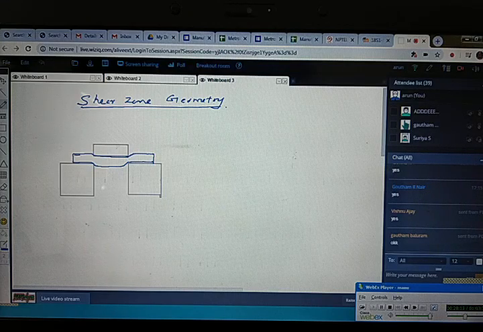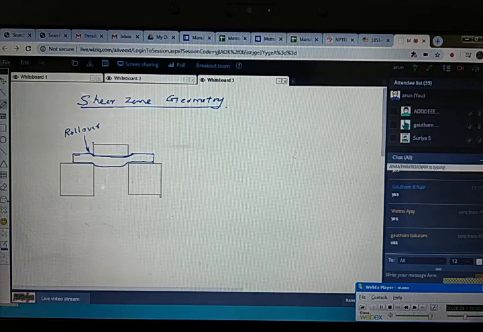You can see that there are certain fillets or corners in contact with the punch. That is what we call the rollover zone.